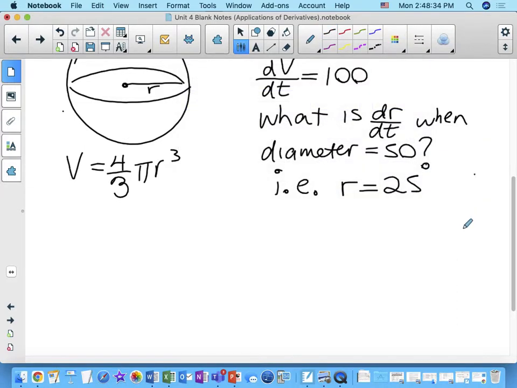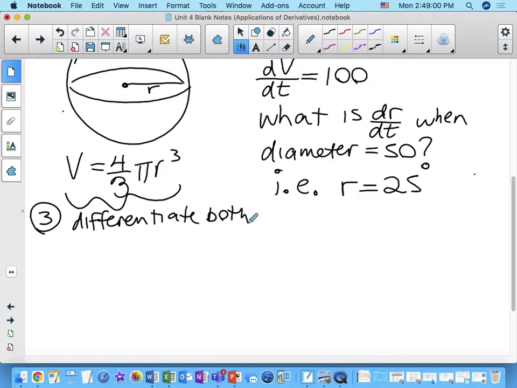Now, we already have this equation, but sometimes you'll have to come up with it. Find a way to connect the variables that are related and then differentiate both of them with respect to time. We have that already. So in step 3, we're going to take this and differentiate both sides with respect to time.